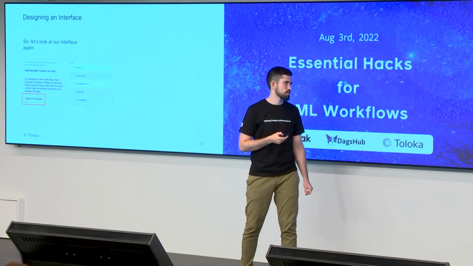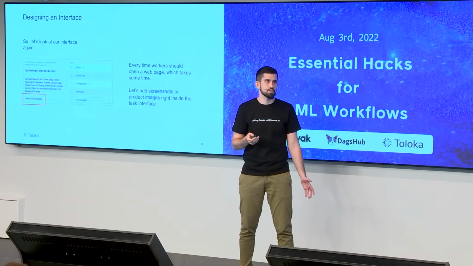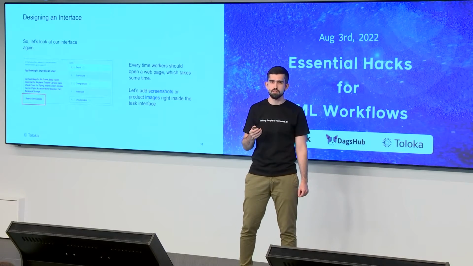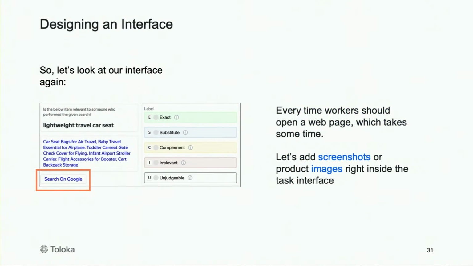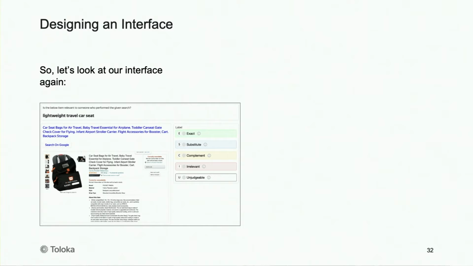The next thing, imagine that the user every time needs to open this web page, like go to the marketplace, somehow browse through this product page, understand whether it's relevant or not. Actually, we can also save some time here, just providing a screenshot or an image product or something like that. And for the most crowdsourcing platforms, you will be able to make it.